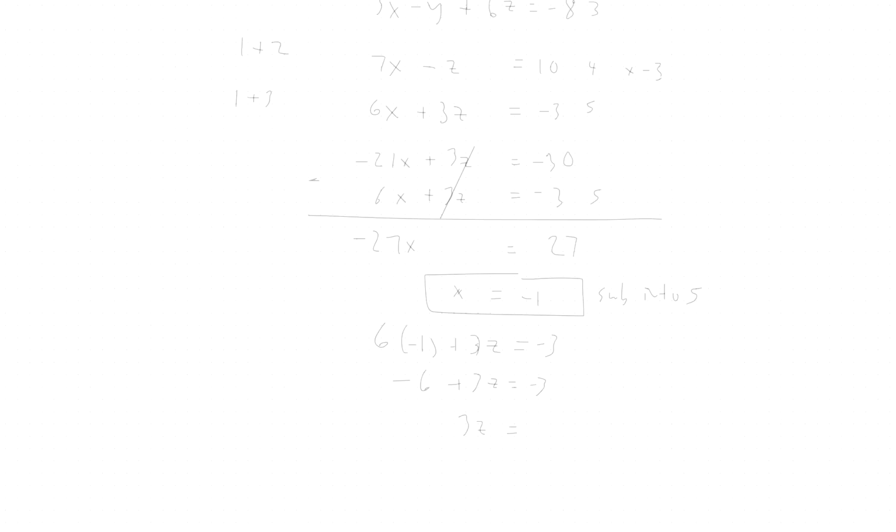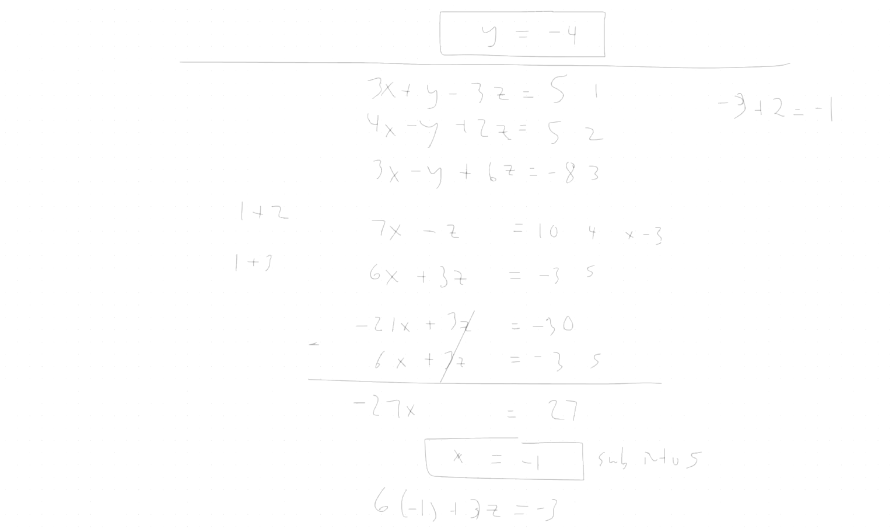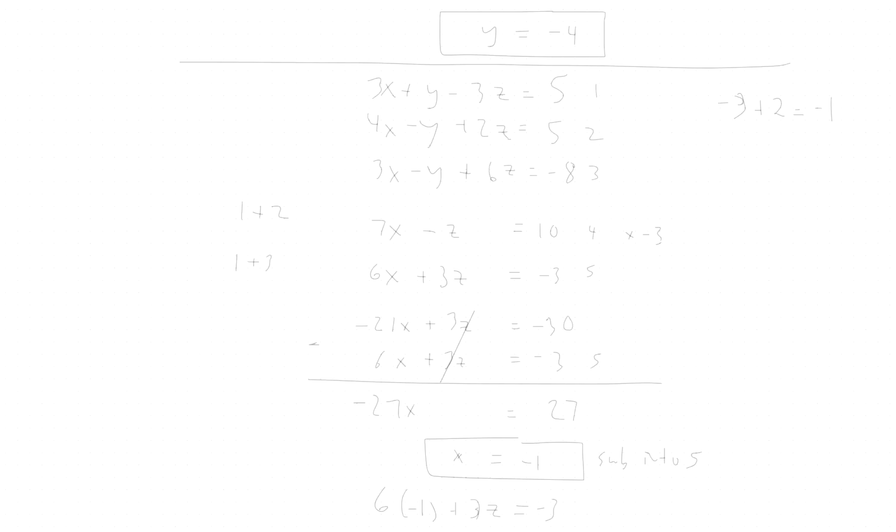Now we're going to sub that into which equation? It could be any of the first 3 equations. 2. All right, let's sub it into 2.